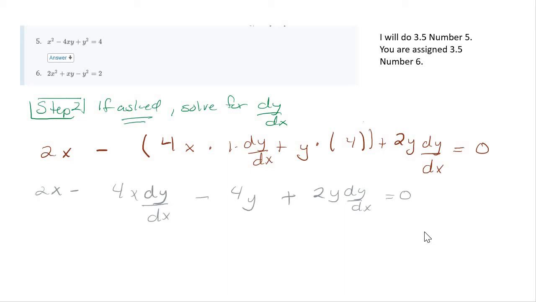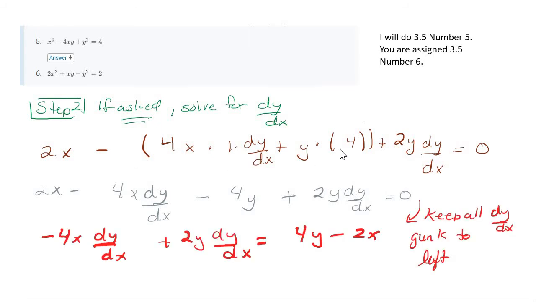But if you're asked to solve for dy/dx, what you're going to have to do is clean things up. So first I'm going to bring this minus sign in. And then bring all the stuff that's not dy/dx to the right side. So here I have a 2x, so it's going to be a minus 2x on the right side. And here I have a minus 4y, it's going to be a positive 4y on the other side.